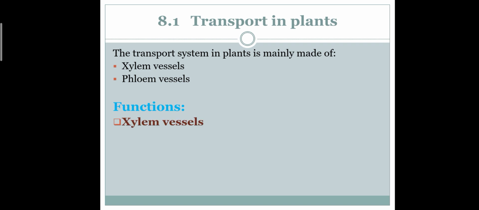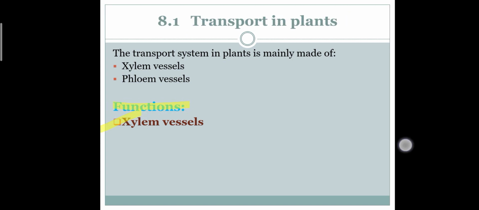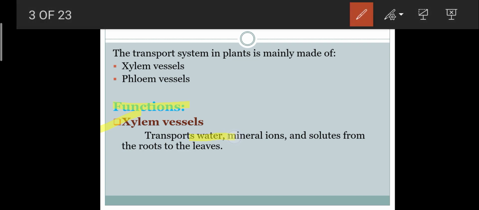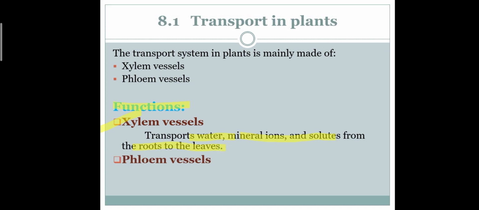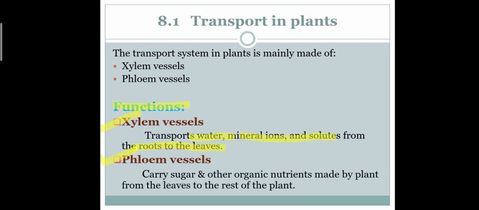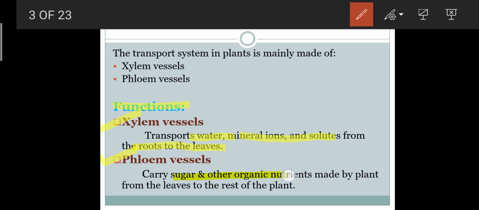Xylem vessels transport the water, mineral ions and solutes from the roots to the leaves of the plant. Phloem vessels carry the sugar and other organic nutrients which are made by the plant from the leaves to the rest of the plant.